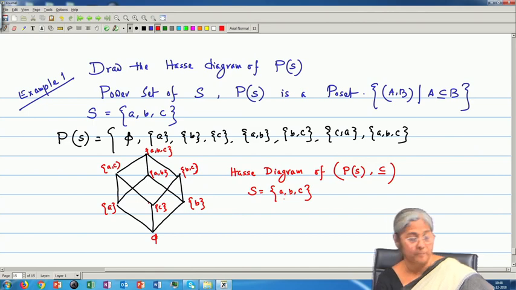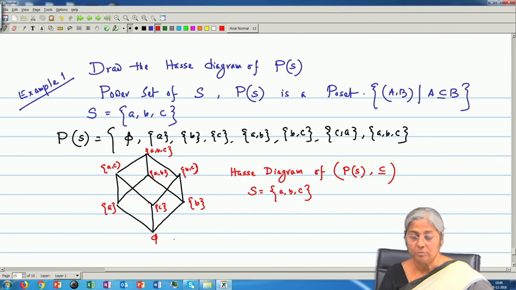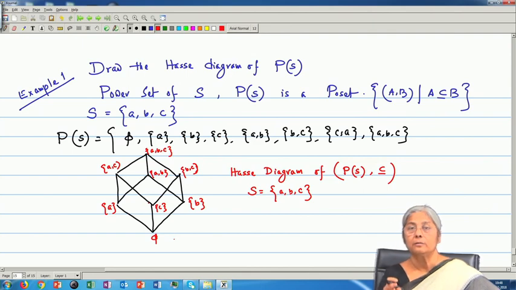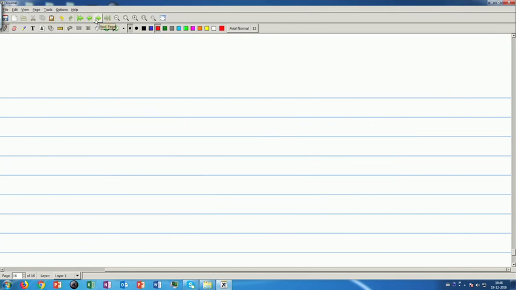So we can define some maximal element or minimal element. The bottom element is my minimum, and the top element is my maximal element.